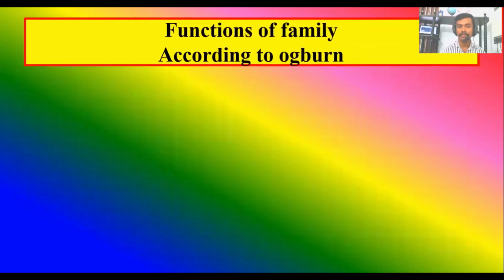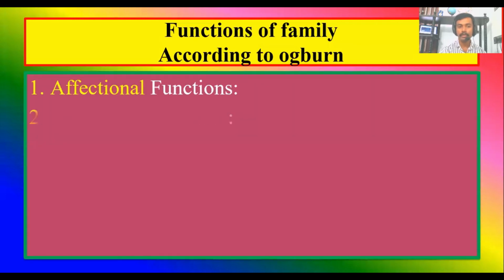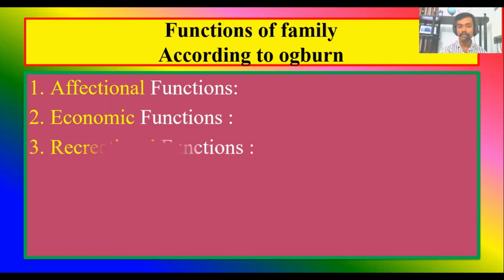Then functions of family according to Ogburn: affectional functions, which means husband and wife, parents and children are emotionally attached to each other. Then economic functions, production. Every member is a productive unit, does a job, earns money and has resources.